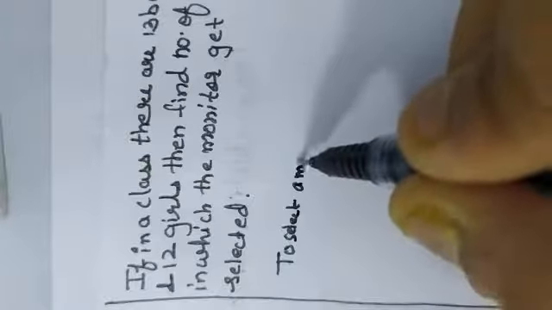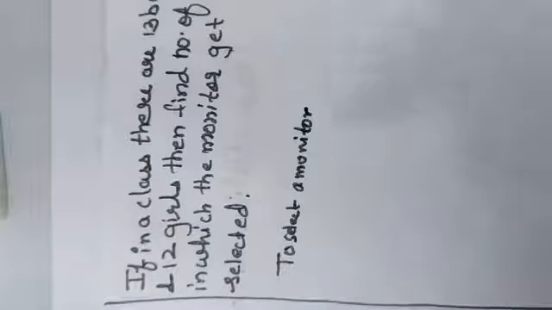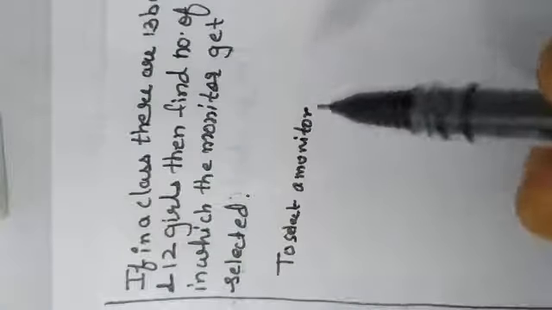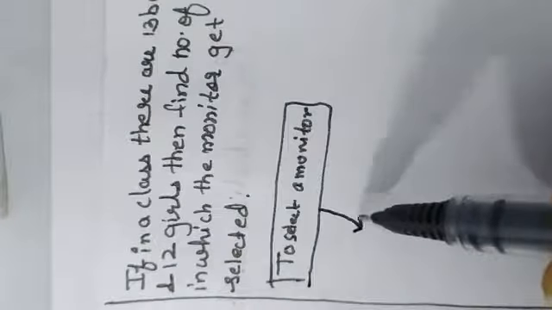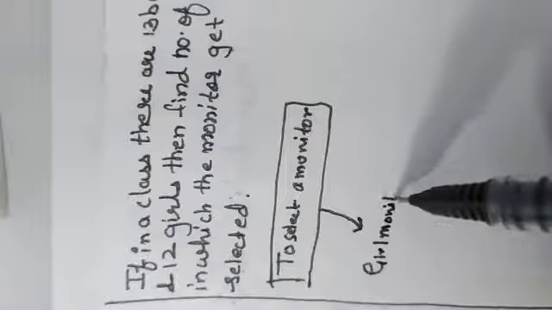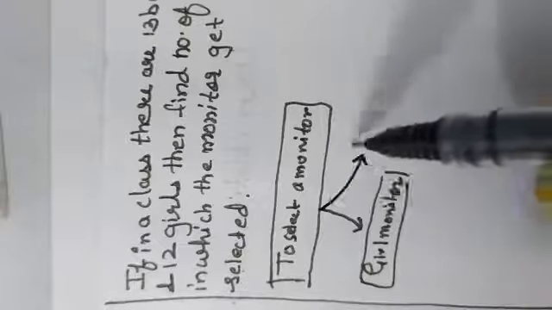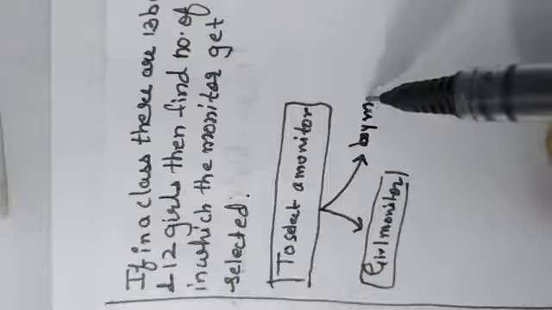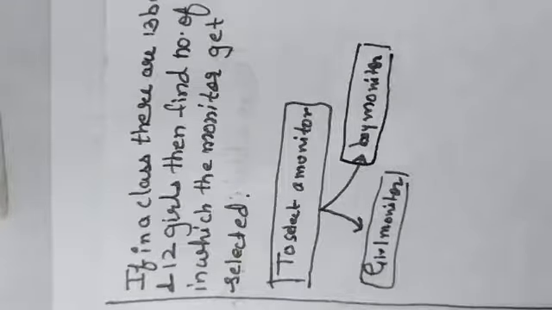What is the event? To select a monitor. Now if I have to select a monitor, this is the event. And what are the sub-events? It can be a girl monitor, or it could be a boy monitor. That can happen, absolutely, right? So in how many ways could I select a girl monitor?